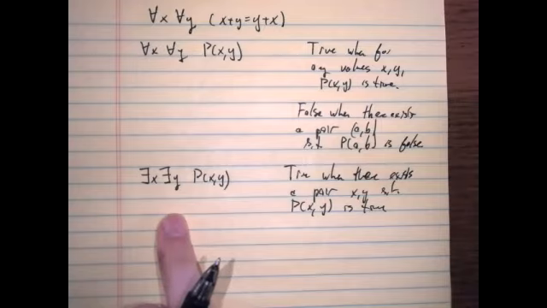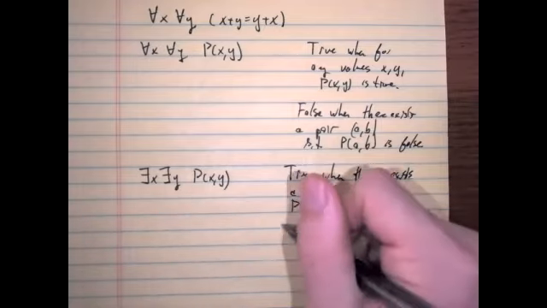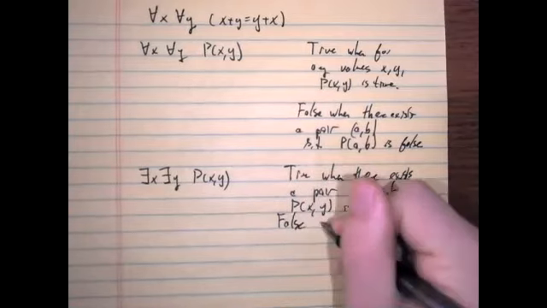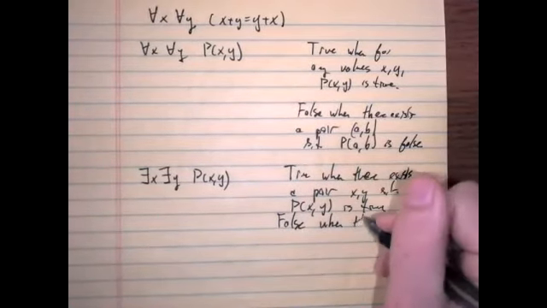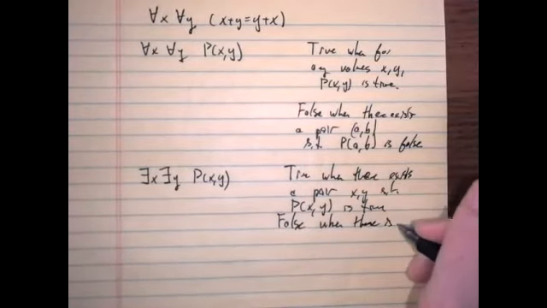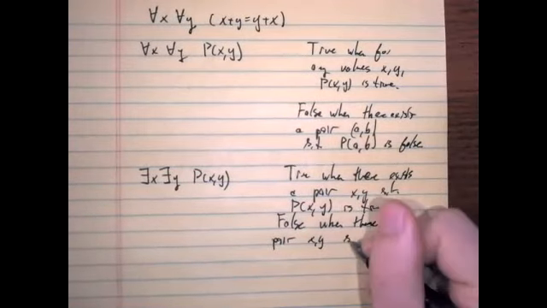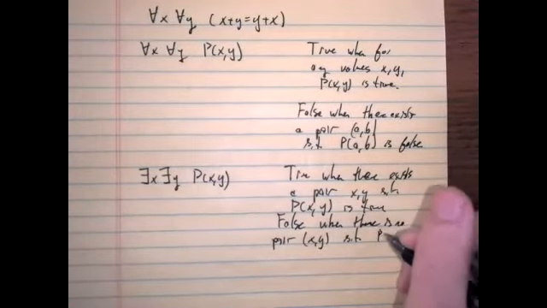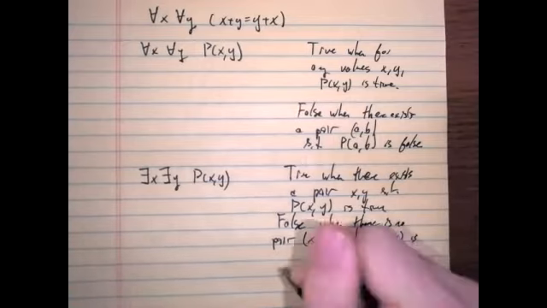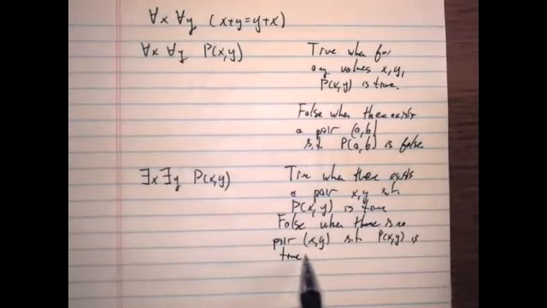When there is no pair xy that makes that true. Yeah, it's false when there is no pair xy such that p of xy is true. Or another way to say this is that it's false when for all pairs, not p of xy.